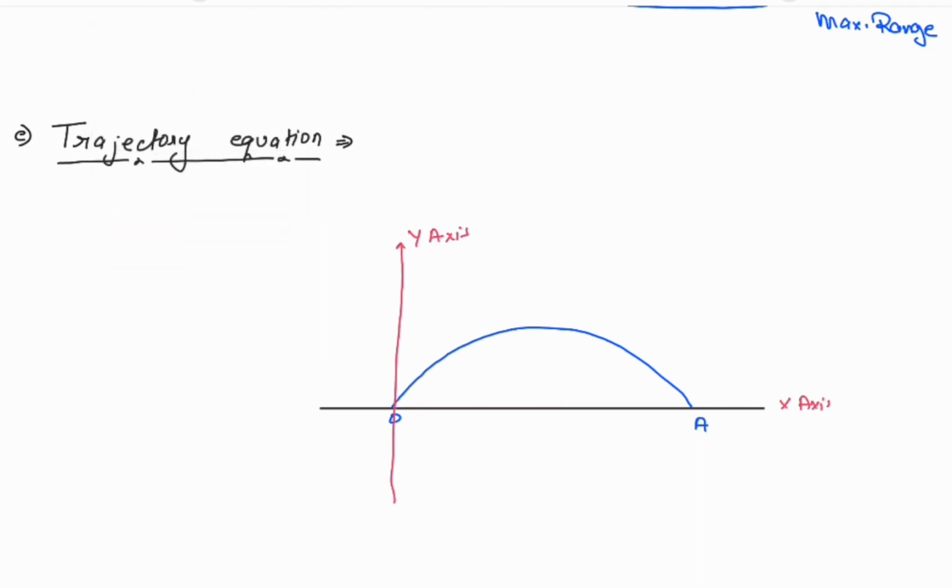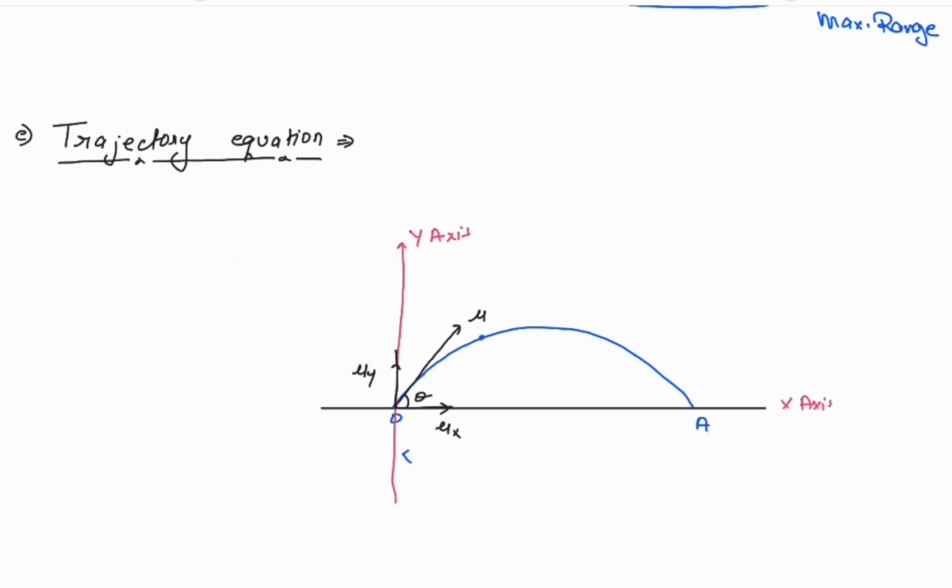I have thrown a ball or projectile at a velocity u. This is going to be u cos theta if this angle is theta, and this is going to be u y, which is u sine theta. Okay, this is the basic diagram for the projectile motion. What do you understand by the trajectory equation?